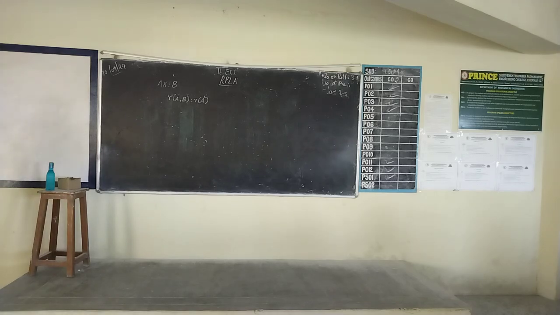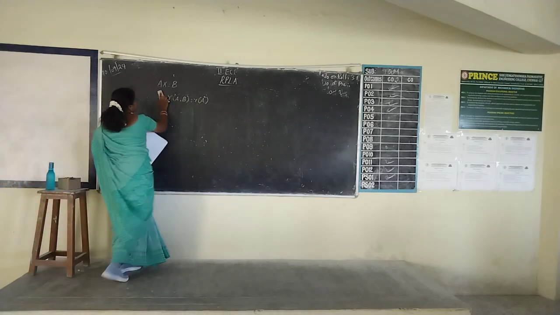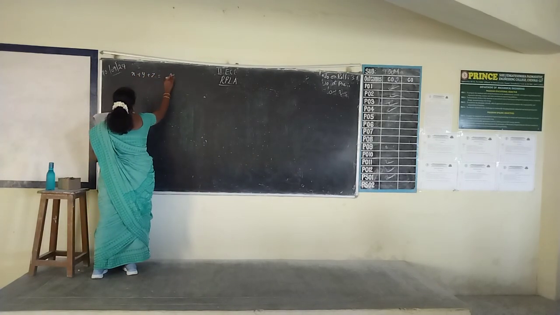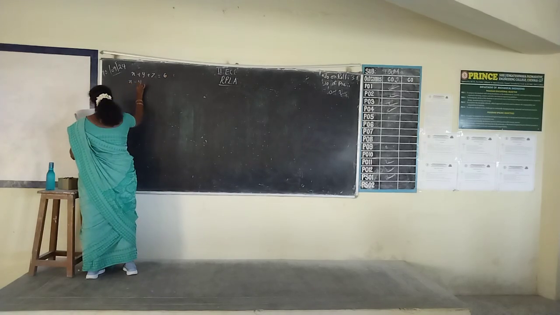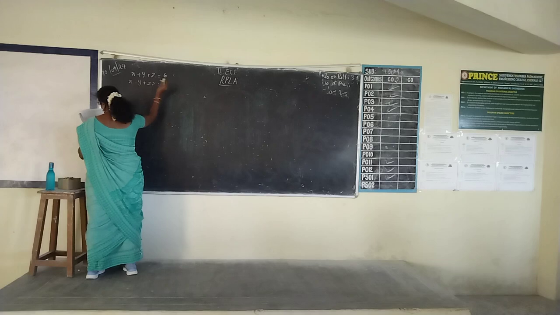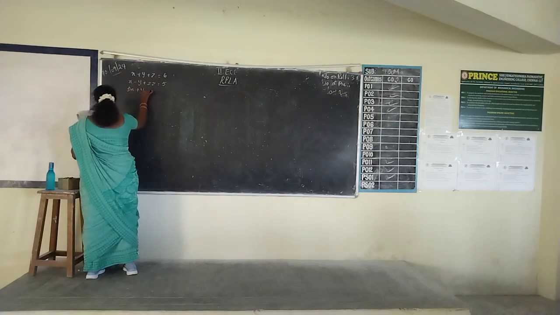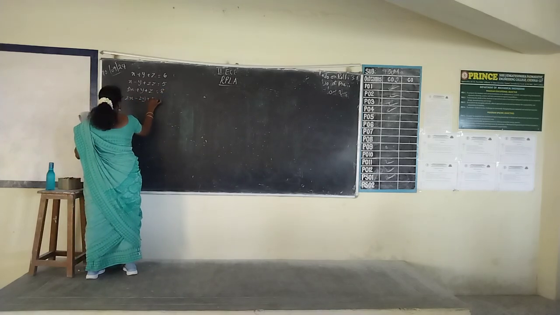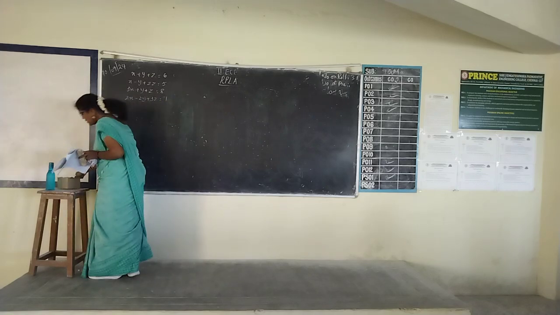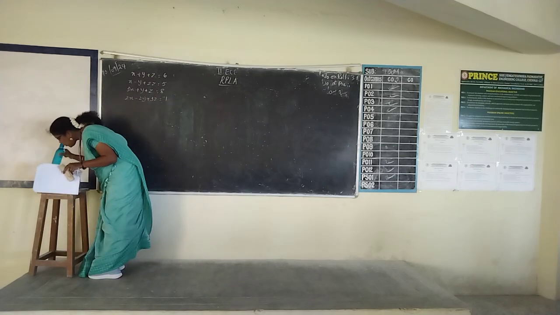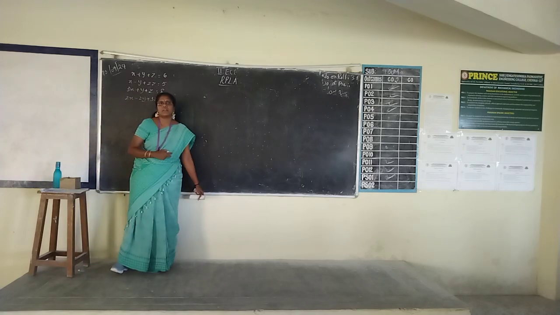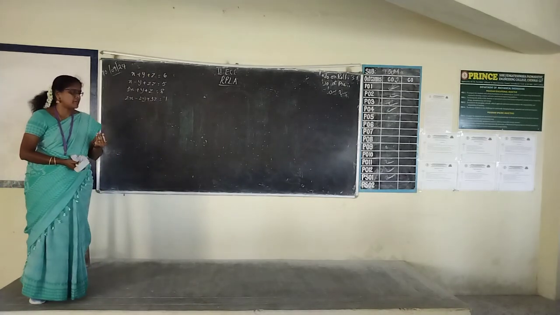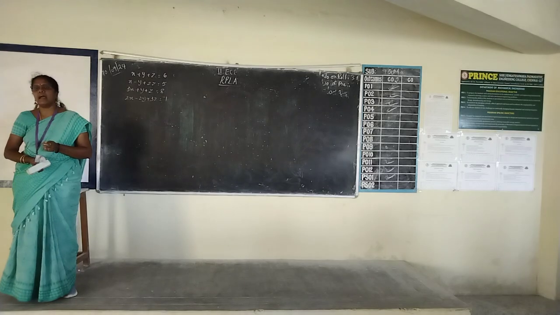Show that the equations x plus y plus z is equal to 6, x minus y plus 2z equal to 5, 3x plus y plus z is equal to 8, 2x minus 2y plus 3z is equal to 7 are consistent and identify the solution.